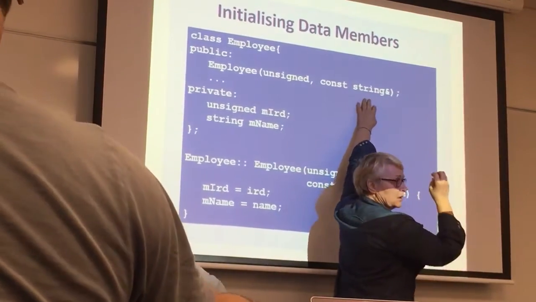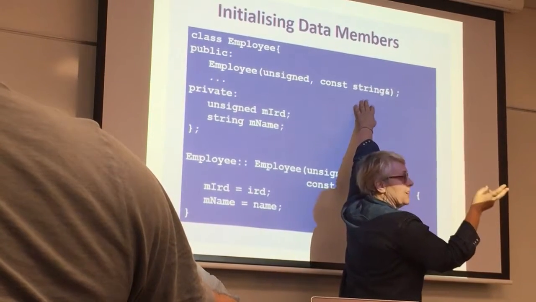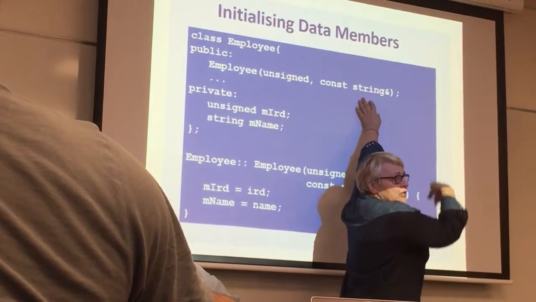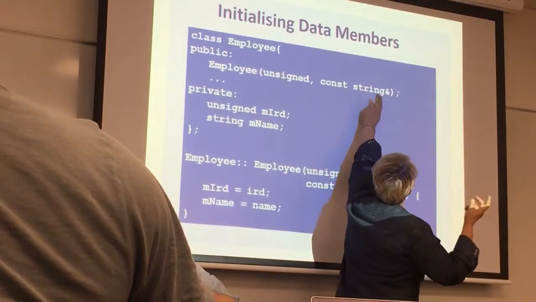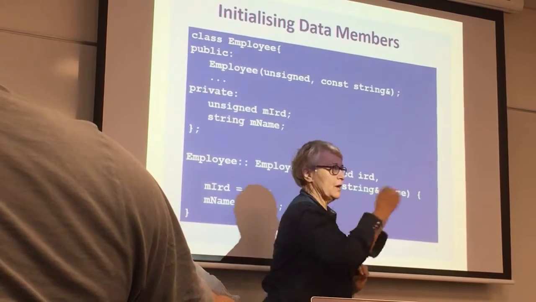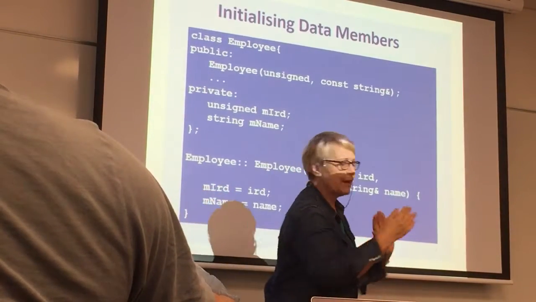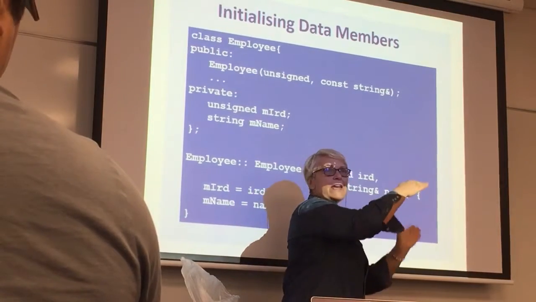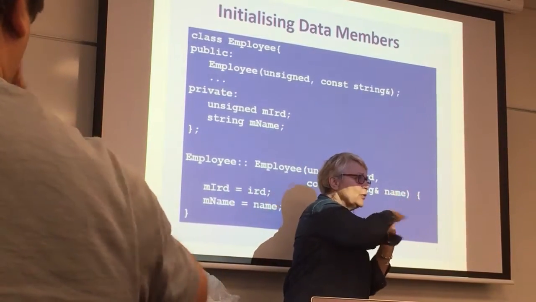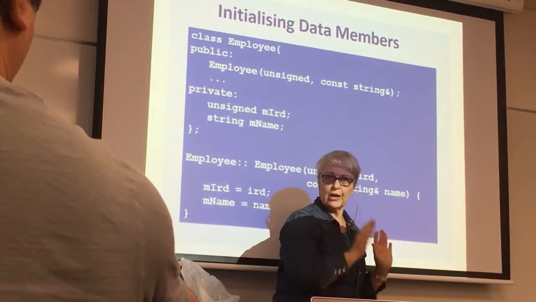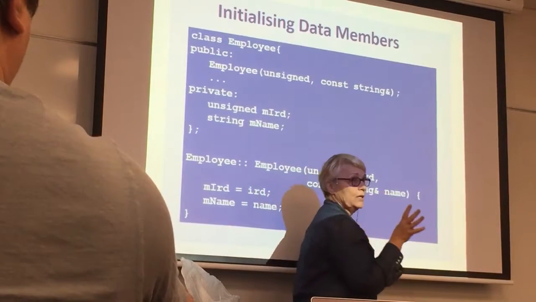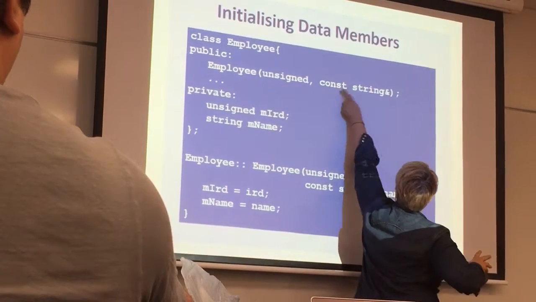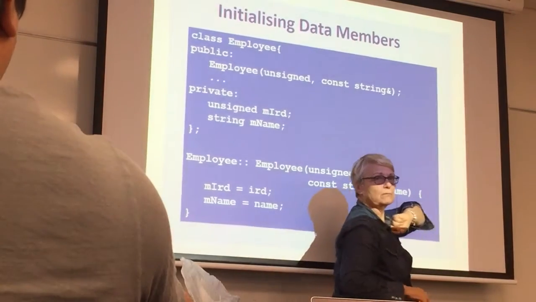These are what we call user-defined types, or types with classes, or composite types. If you pass them by value, it's very slow. That type can have 10 data members, and when you pass it by value, each data member is copied. Slow. The way to do it is constant reference.